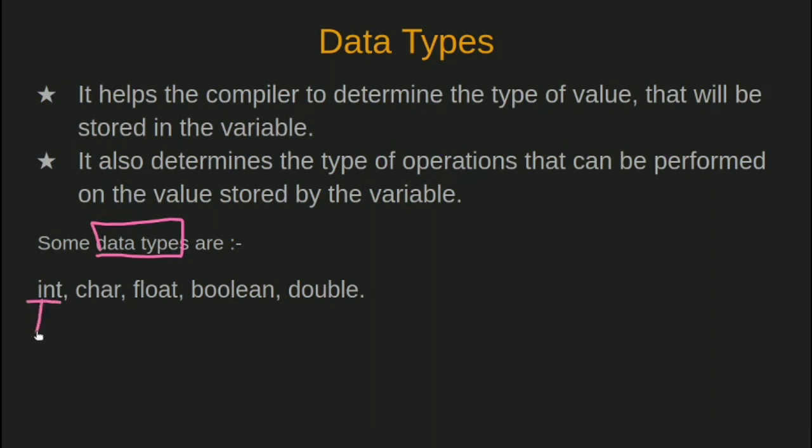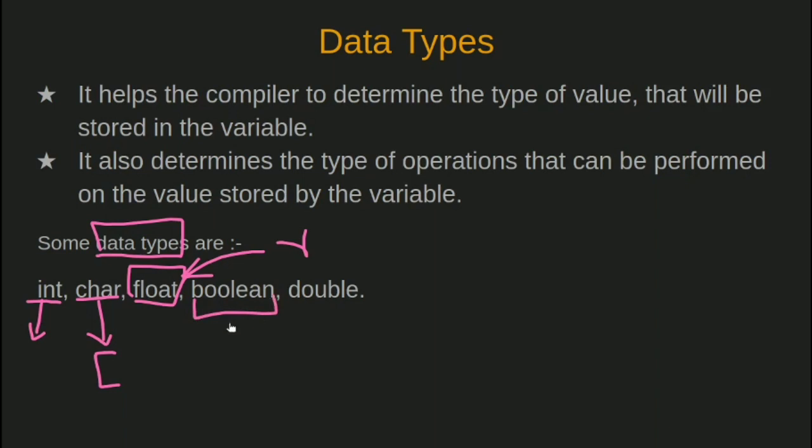Let us now look at some examples of these data types. Int is used to indicate that the value stored inside of a variable is an integer. Similarly, char indicates that the value is a character or a stream of characters. Float determines that the value is a real number.